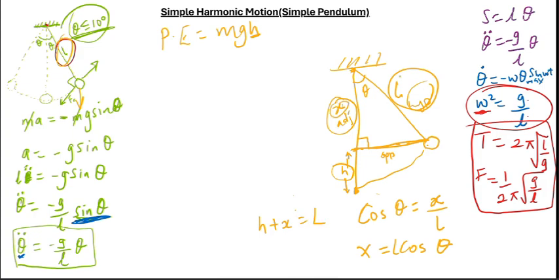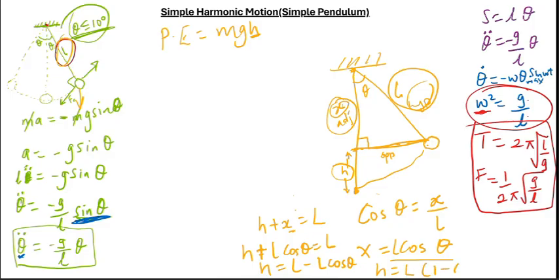Now we have known our x to be L cos theta, then we can just say our height plus L cos theta is equal to L, and then our height is equal to L minus L cos theta, if I bring this to the other side. Then we can say that our height is L into brackets 1 minus cos theta.